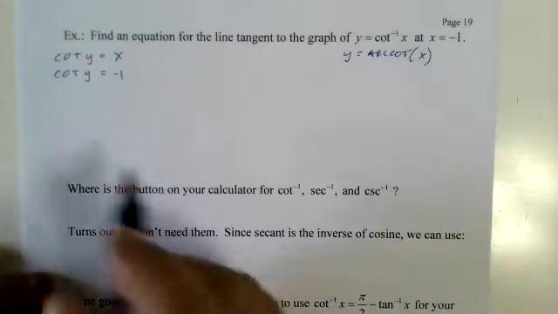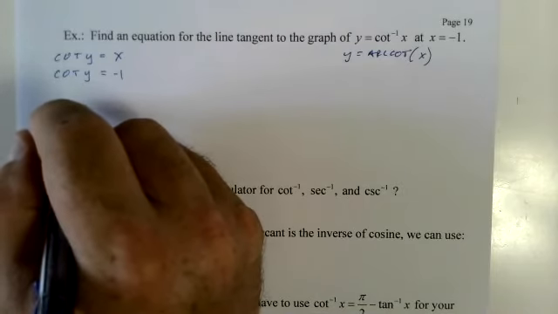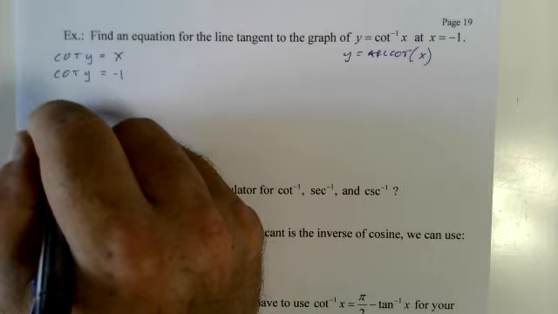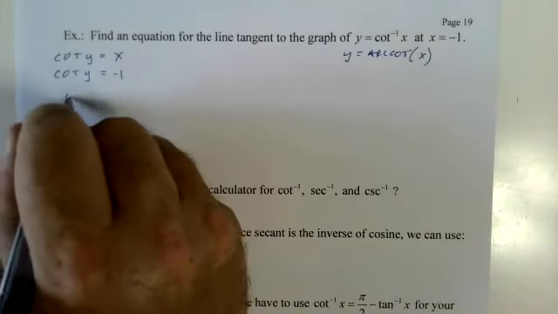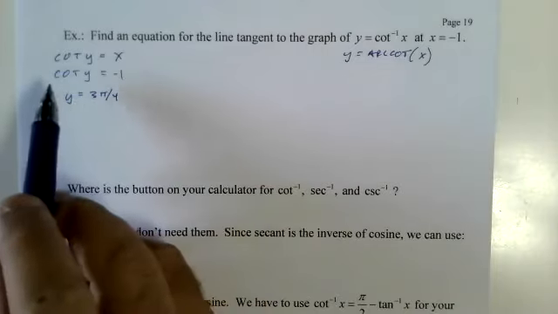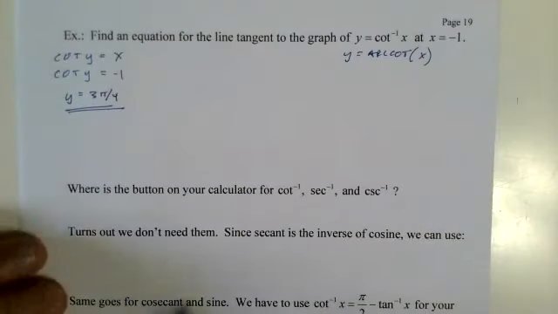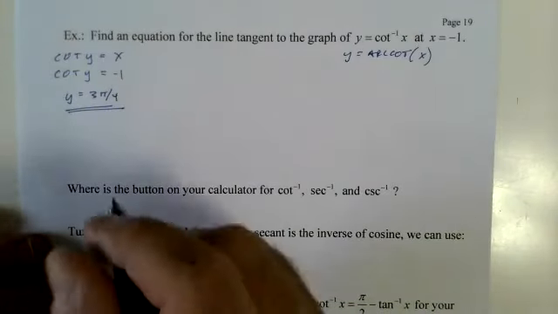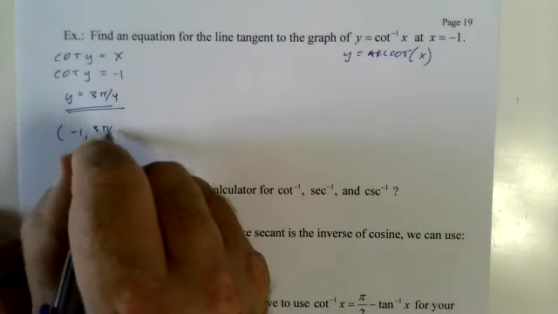Tangent's first and fourth quadrant. I bet this is at -π/4. No, they're saying 3π/4. That's very upsetting. y equals 3π/4. I know 3π/4 works, but I figured cotangent and tangent have the same domain. They don't. Upsetting. Well, go look it up if you're confused. So the point is (-1, 3π/4).